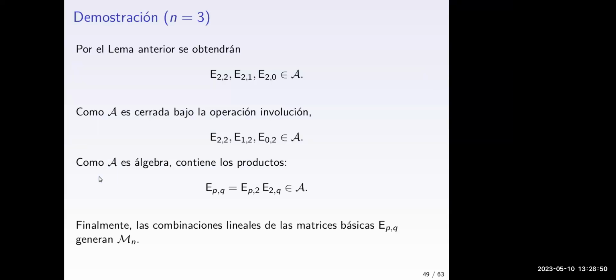And this is true because by the last lemma we get E22, E21, and E20. But because A is closed under the involution operation, we get E22, E12, E02. Because A is an algebra closed under the product, we can also have this E_PQ. And finally, the linear combinations of the matrices will generate all the space, all the algebra Mn.